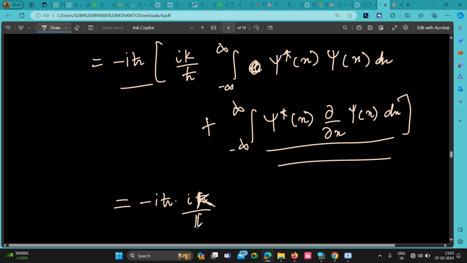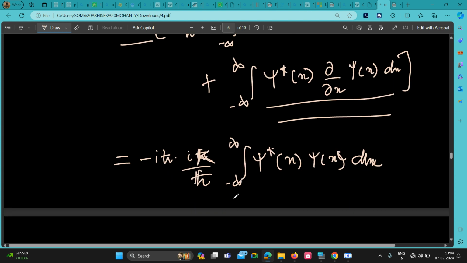Ik by h cut minus infinity to infinity psi star x psi x dx. Okay. Minus ih cut minus infinity to infinity psi star x del by del x of psi x dx. So this is your p expectation value.